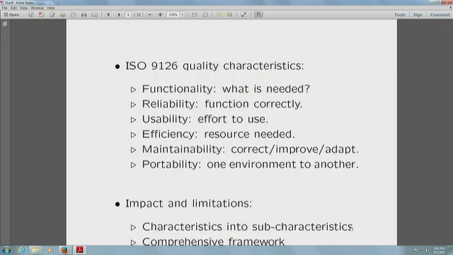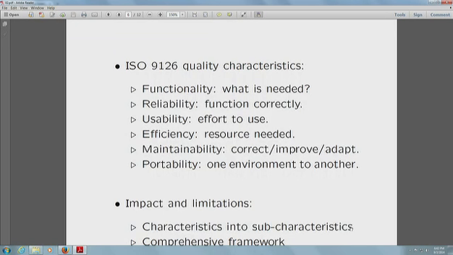So look at the need and meeting the need. Do I have this provided in my software? In some other literature or in other companies, this is also called capability. You are capable of doing something. Are you capable of doing something or not? So functionality is sometimes used interchangeably with capability.